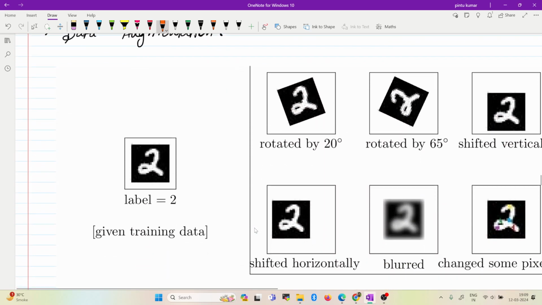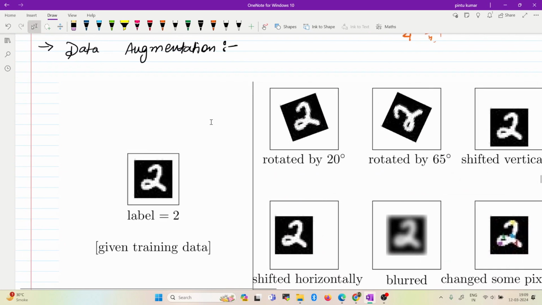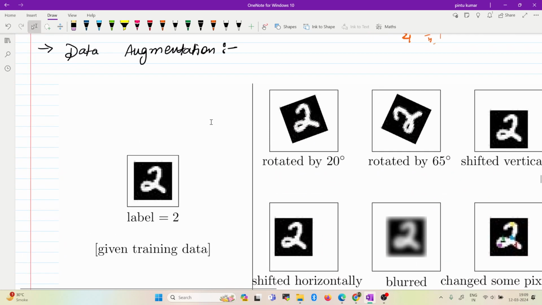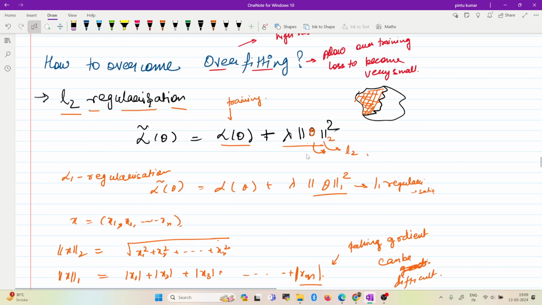Okay. So let's go to something known as data augmentation. When I was motivating regularization, I talked about two problems because of which we want to do regularization. First one was that the data set might have some noise and we don't want our model to overfit a lot to our data. To overcome that, we proposed L2 regularization.